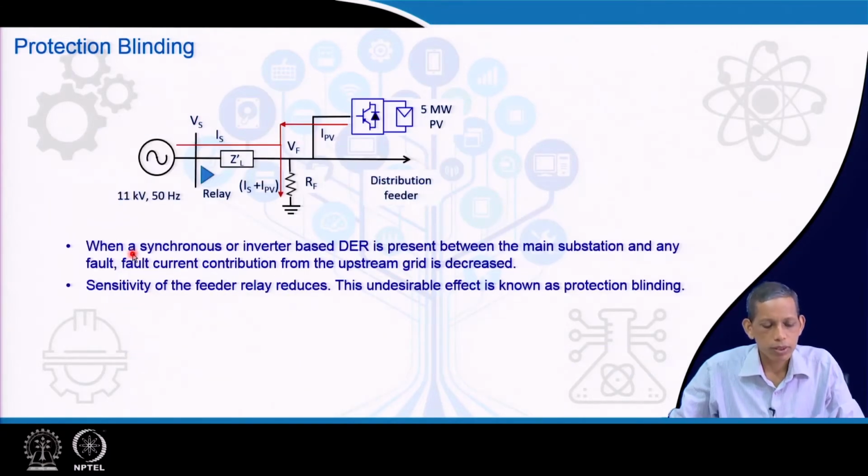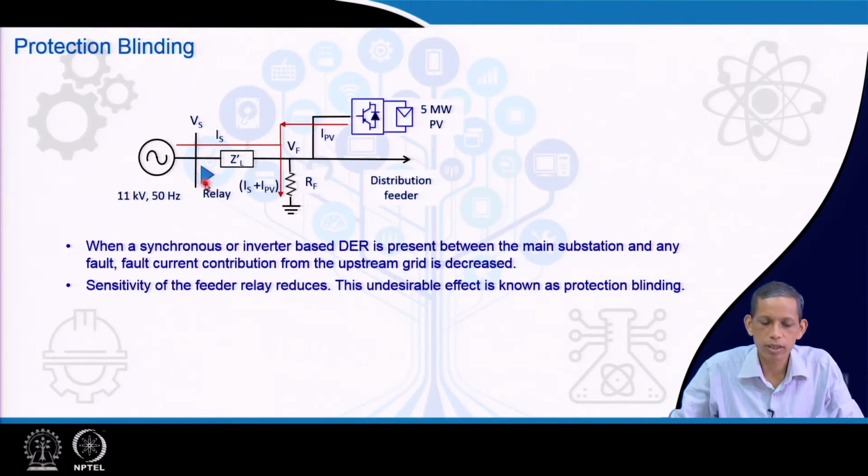So, what we see here is that in the case of a smaller current in the inverse curve, smaller current means the corresponding time taken will be more and more. When a synchronous or inverter based DER is present between the main substation and any fault, as we discussed here, the fault current contribution from the upstream grid is decreased.